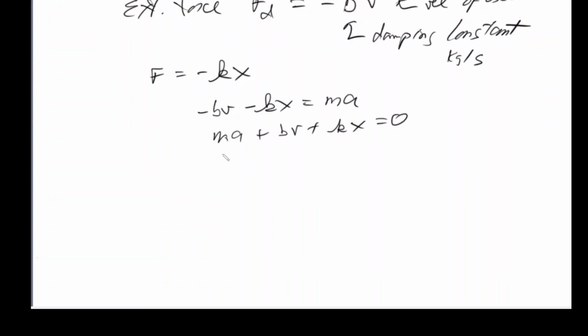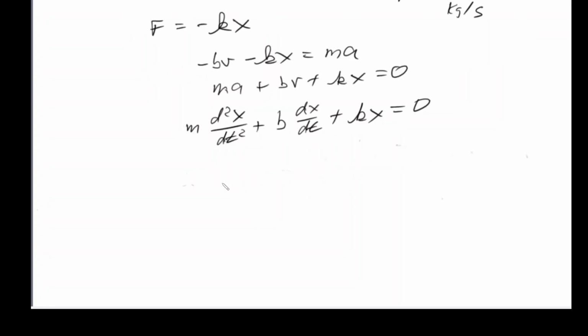And that means that m times the second derivative of x with respect to time plus b times the first derivative of x versus time plus kx equals 0.